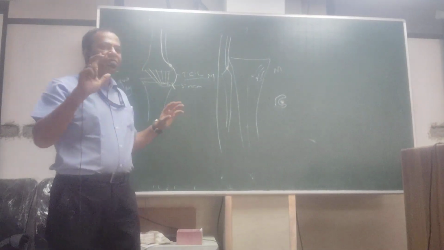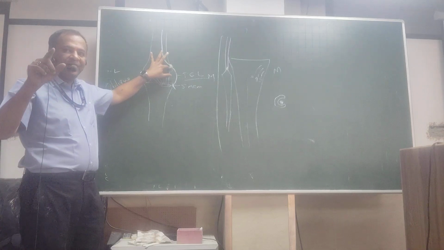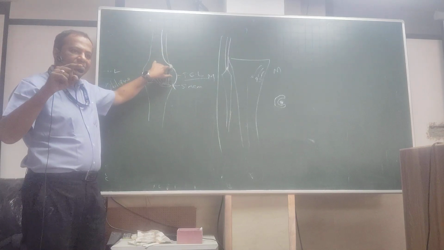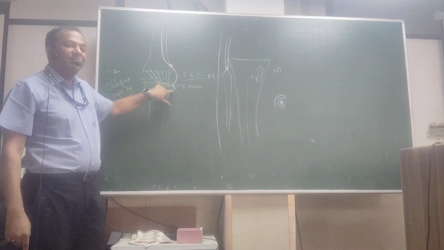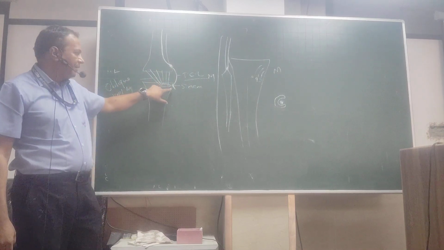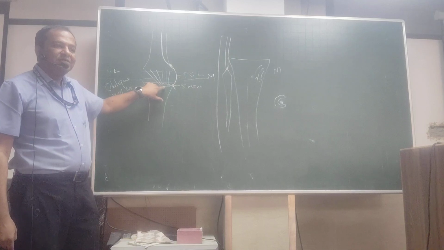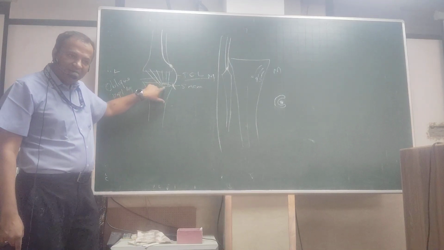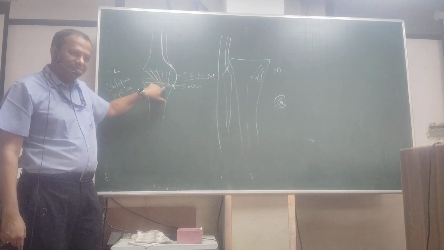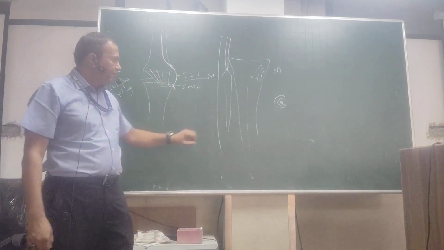So these are the 4 insertions of the hamstrings. Insertion of adductor magnus is on the adductor tubercle, but through the tibial collateral ligament it gets inserted on the tibia. Insertion of semimembranosus is on the groove on the medial condyle of the tibia behind on the posterior surface, and then the oblique popliteal ligament.